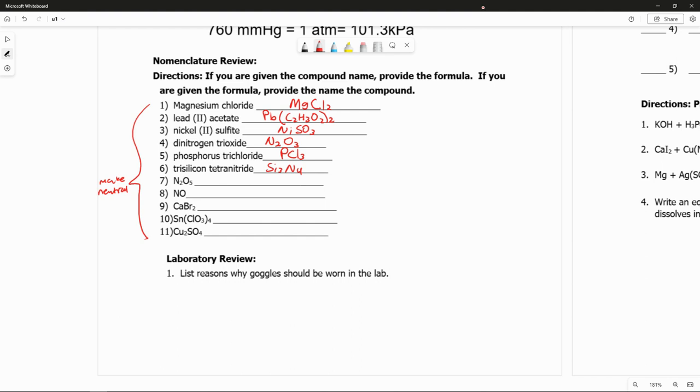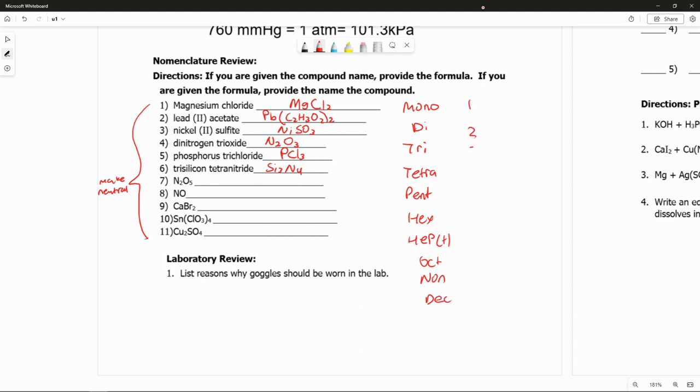So before we go on further, let me just clarify the prefixes in case you are still confused. So mono, di, tri, tetra, penta, hexa, hepta, and then octa, nona, and deca.